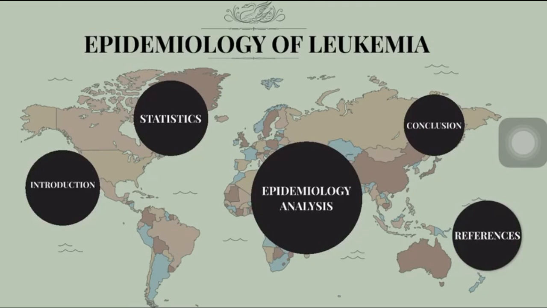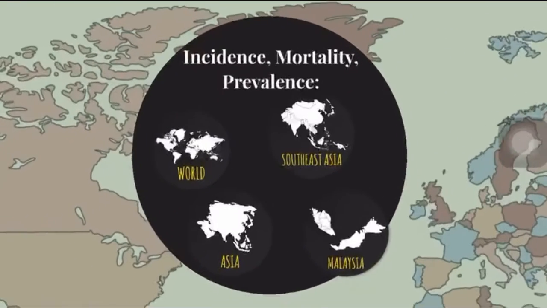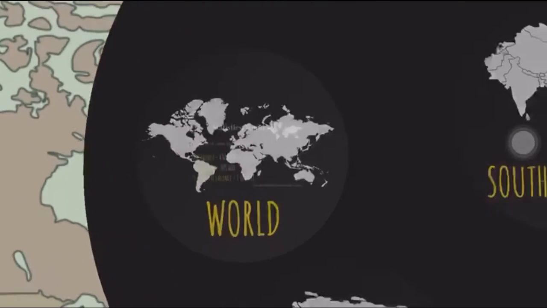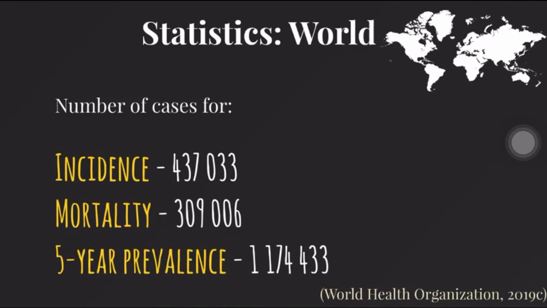Next, we will move on to the statistics of leukemia. The statistics discussed are the incidence, mortality, and prevalence of leukemia at the level of the world, Asia, Southeast Asia, and Malaysia in 2018. For the first part, in a study done worldwide in the year 2018, the number of cases for incidence are 437,033 cases.